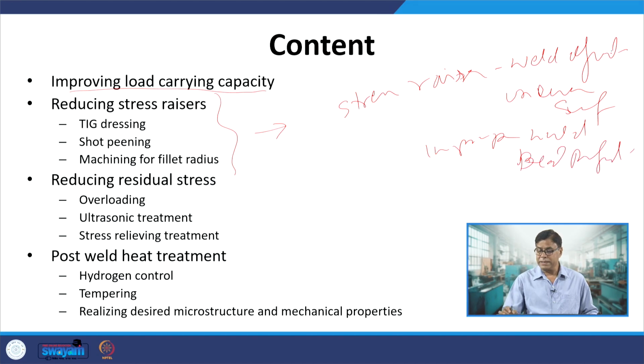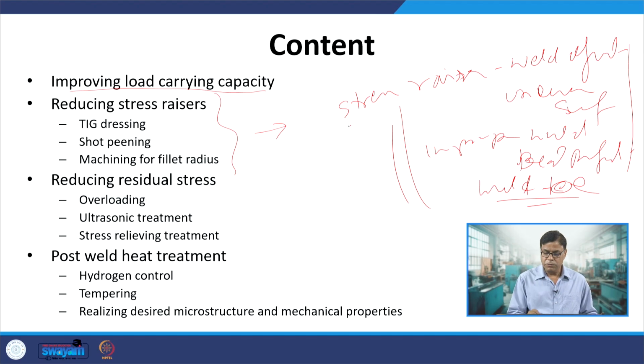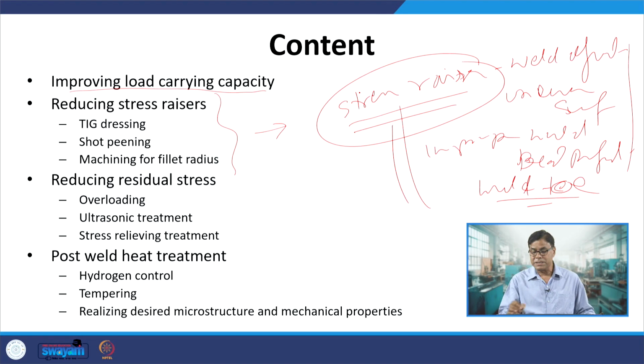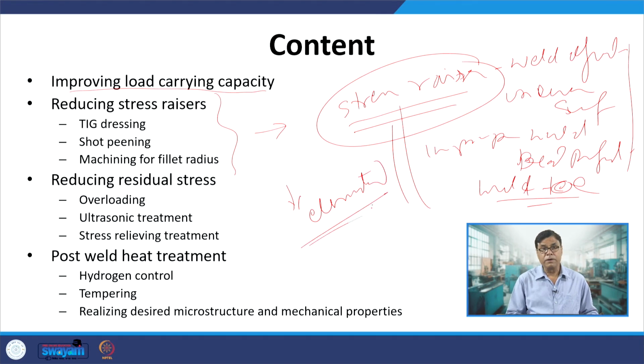All these aspects, or the weld toe with a high bead angle, will also cause significant stress concentration. So, we have to make all the efforts so that stress raisers, in whatever form they are present, are minimized or eliminated in order to improve the performance of the joint.